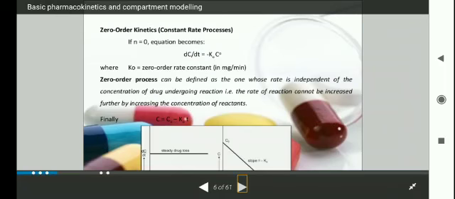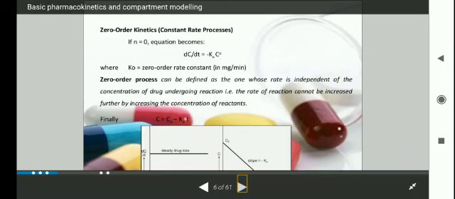We have zero order, first order and second order, out of which zero and first order are more prominently used. And zero order means you should have a whole definition like it is independent of concentration. That is the basic definition for zero order. Hope you all know about this order of reactions from your earlier sessions.